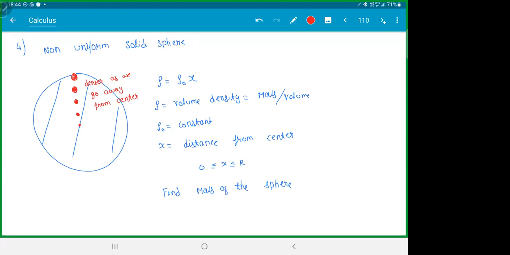Radius. They said x is up to r. Take it, radius is r. Divided by 3, 4 pi r cube.